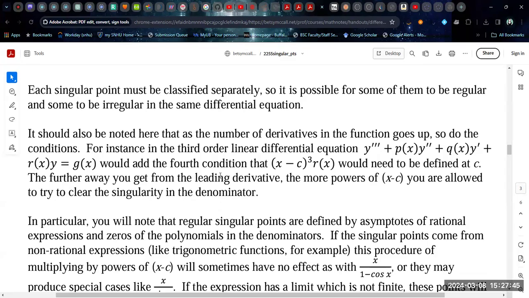So, for instance, in this third order linear differential equation, we would extend this definition to all three functions multiplying our functions of y. We would have p of x, q of x, and r of x. And we would add a third condition, where we would multiply this third function by (x - c) cubed.